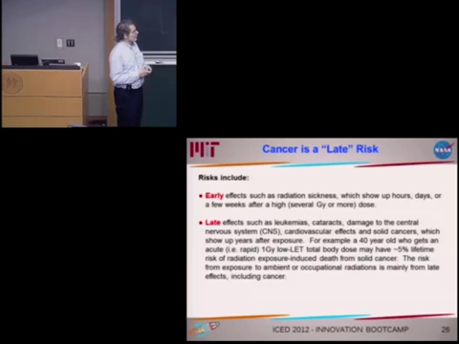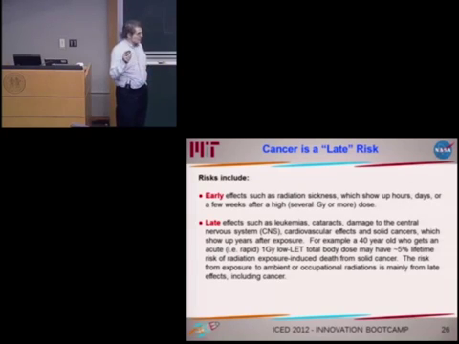A little more troublesome are these late effects: leukemia, cataracts, and the CNS and cardiovascular effects, in addition to cancers, where, because they show up years, even decades after the event, making the association between cause and effect is much more difficult. Compounding that is the fact that at these very low doses, the frequency of the initiating events themselves is not all that great.